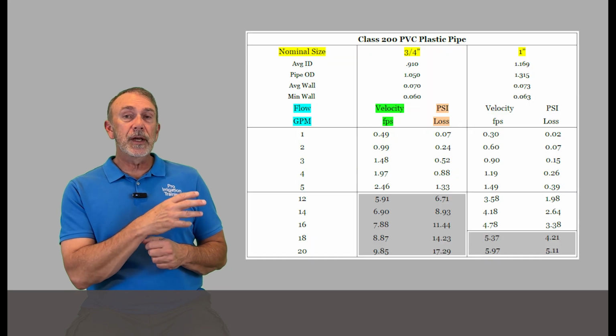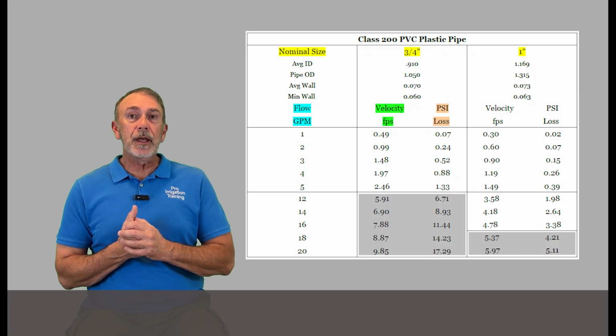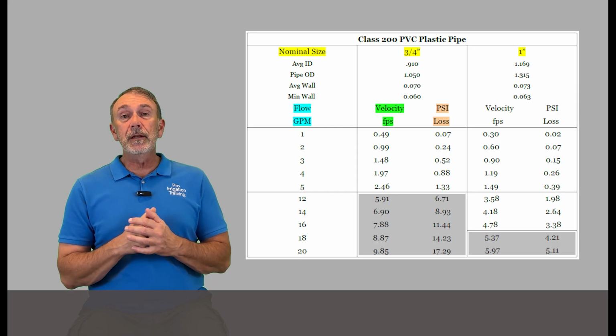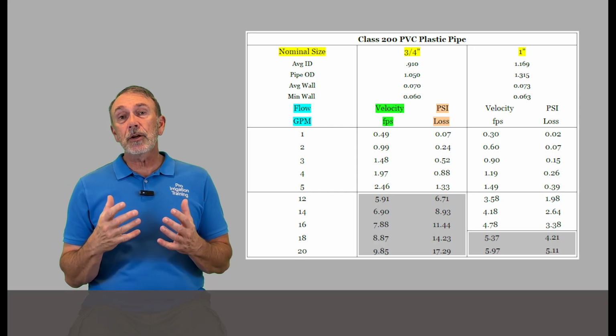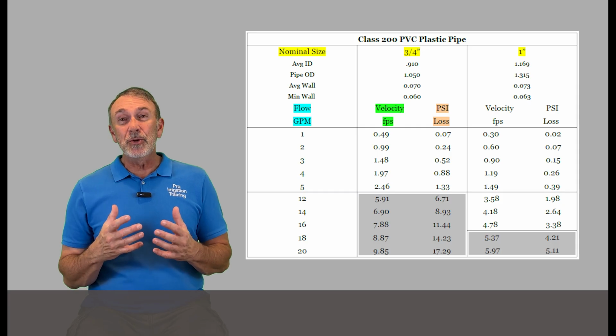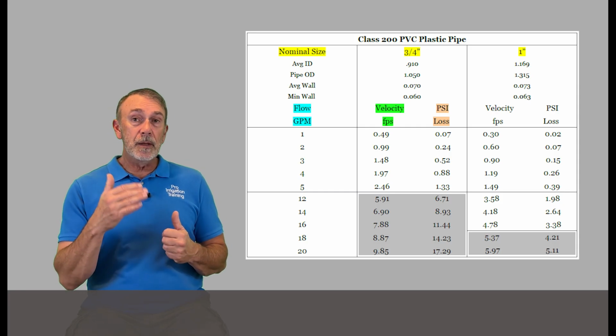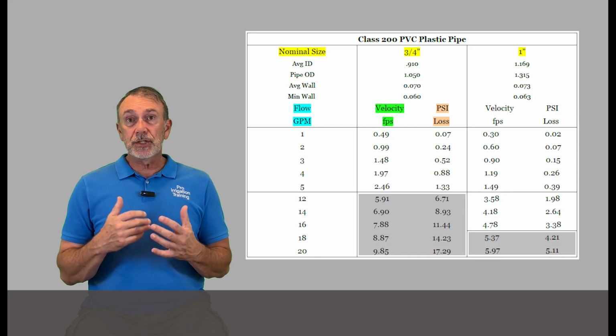And if you do a calculation in the shaded area, you could see that once you get over that recommended line, for a 50% increase in velocity, you get a 100% increase in friction loss. So that becomes unsustainable past a certain point.